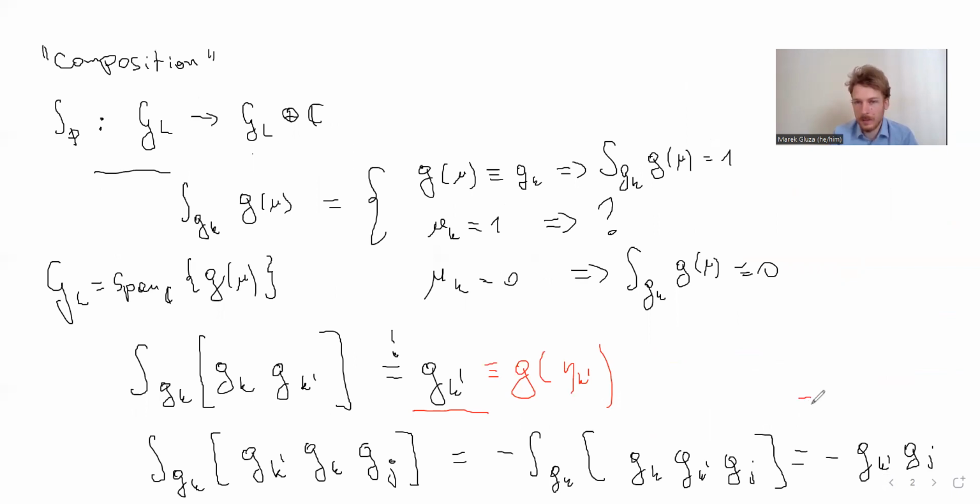And this is minus g of eta_k' plus eta_j. Okay, so here this is some mu which has zeros, then has a 1, then has zeros, then has a 1, and has a 0 at position k' and at position j, and then again zeros.